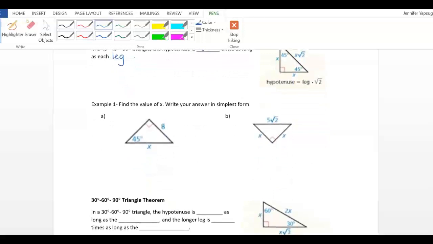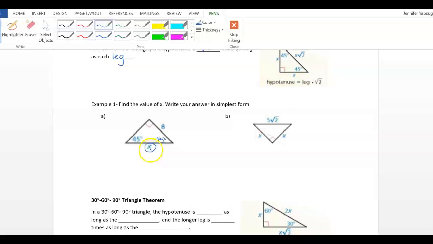So we are asked to find the value of x, and we're going to write our answer in simplest form. We can look at this triangle right now and identify that it is in fact a 45, 45, 90 degree triangle. So we know this x is our hypotenuse. Going back to our definition of this theorem, it says that the hypotenuse is equal to the leg times the square root of 2.